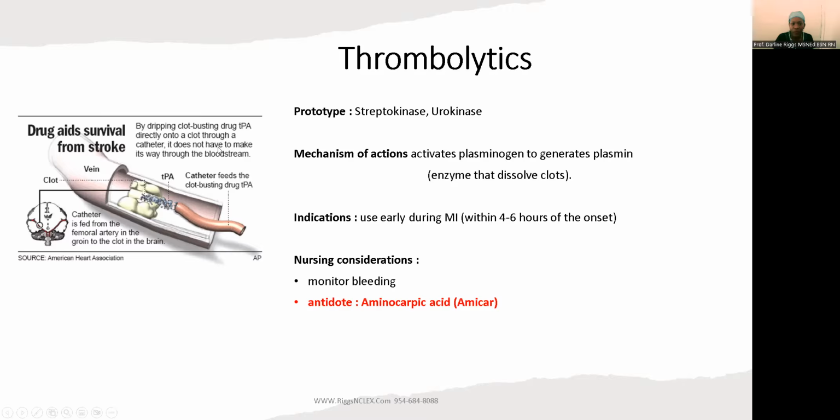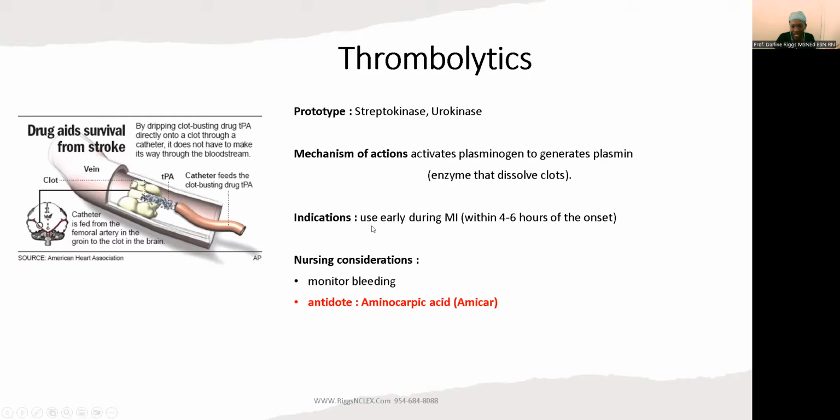Okay? So by dripping clot buster drugs such as TPAs, streptokinase, directly into the clot, we thread a catheter right into that clot, and it just makes it tiny. And it doesn't block the pathway, which is great.